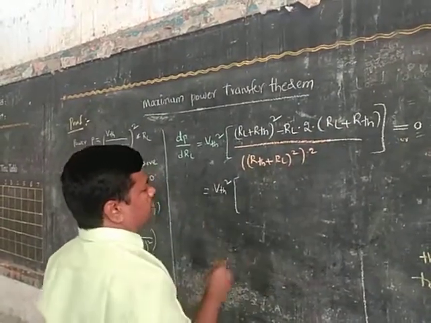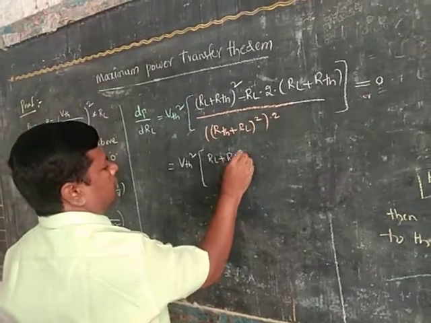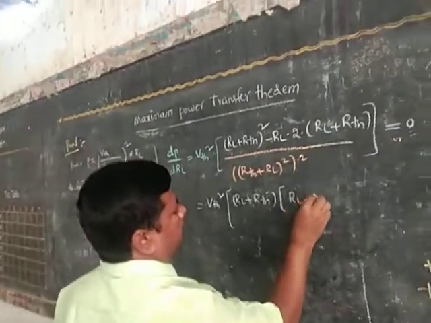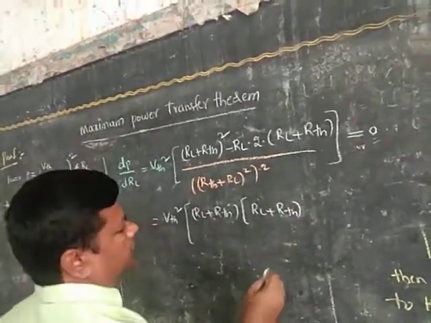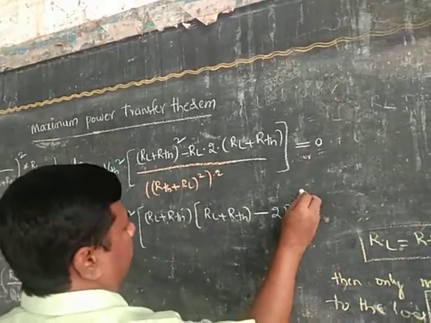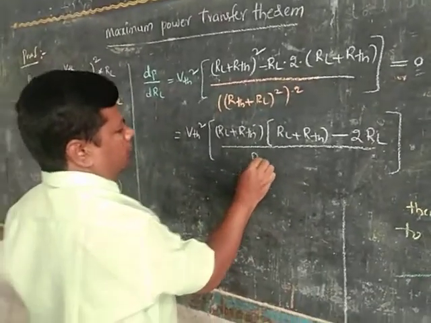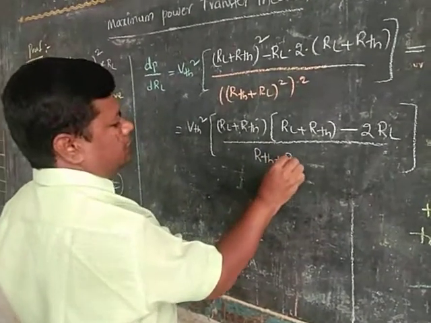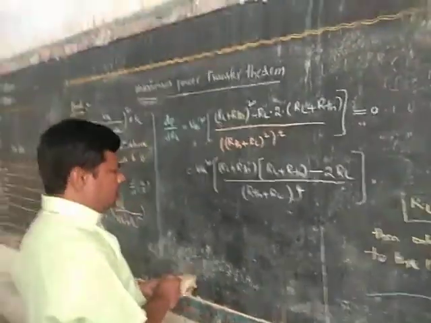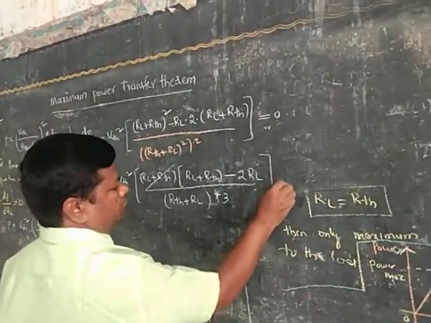R Thevenin plus RL minus 2RL, divided by R Thevenin plus RL to the power of 4. So the common factor gets cancelled and equals 0.